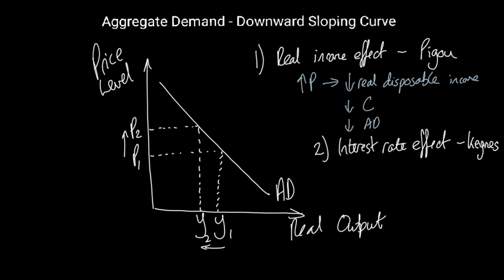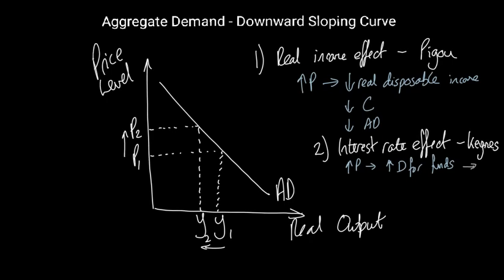As we will see in a lot more detail later in the course, if we increase the interest rate, that is going to reduce the C and I components of aggregate demand, which will mean we see the contraction from Y1 to Y2. So the chain here goes that the increase in price leads to an increased demand for funds, so that households and firms can make the purchases they want.